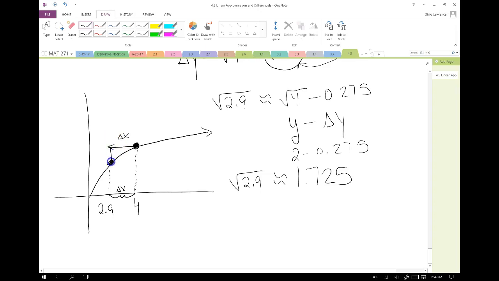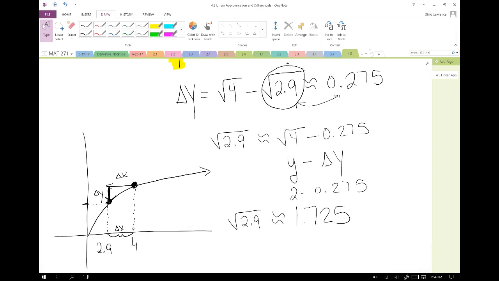And we're trying to figure out how to get to the new y value. That is delta y. It doesn't give me the new y value. It doesn't say what this is. It just tells me how it's different than the old y value. It tells me how much it went down or up from the old y value. So it's just a comparison. It's just a difference or a change.